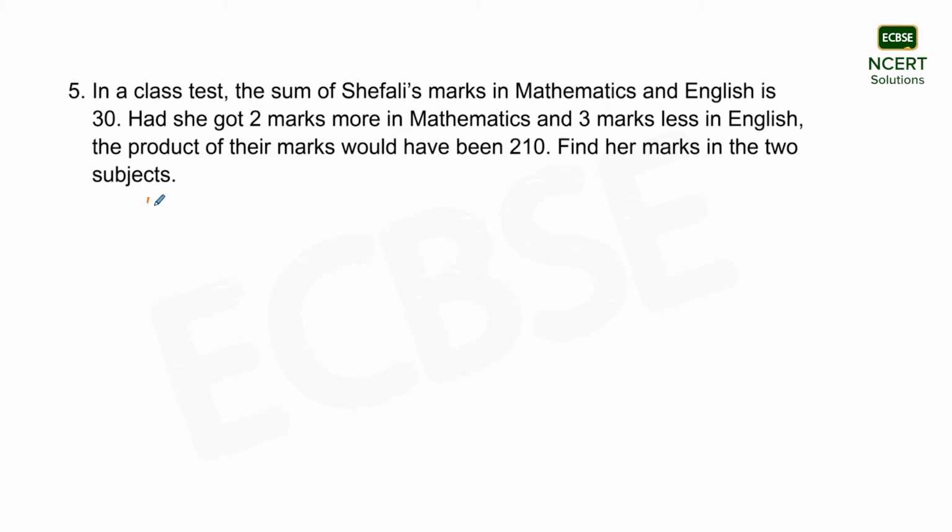In order to solve this question, let Shefali get x marks in mathematics. It has also been given that the sum of Shefali's marks in mathematics and English is 30. If she got x marks in mathematics, then the marks she obtained in English will be 30 minus x.